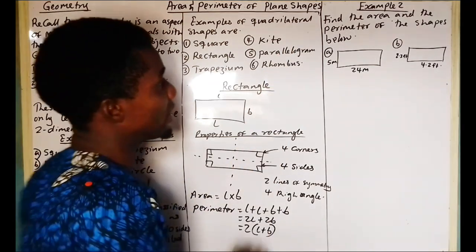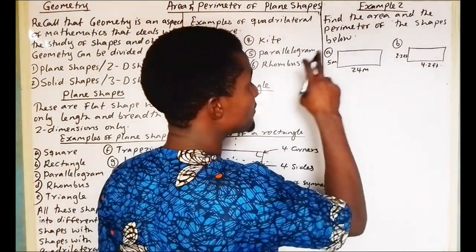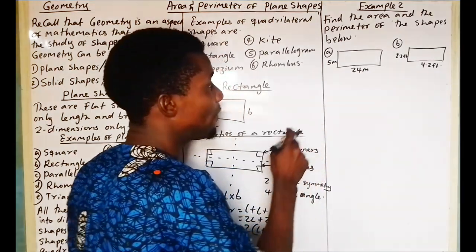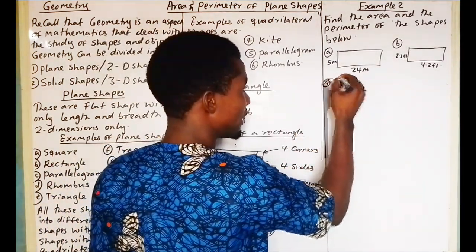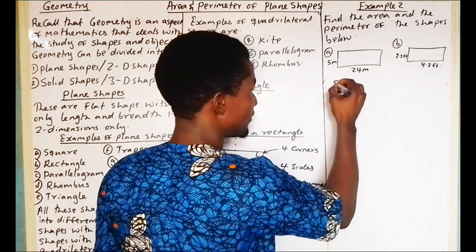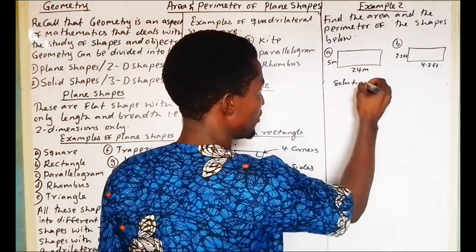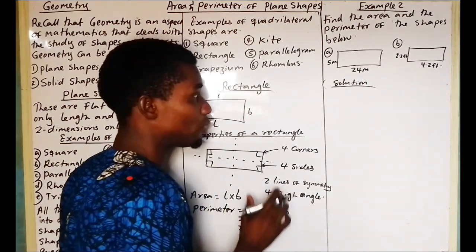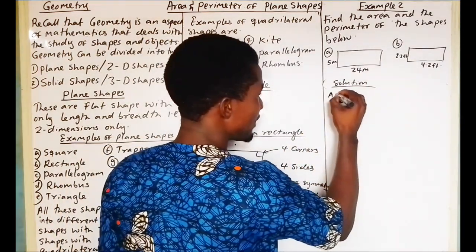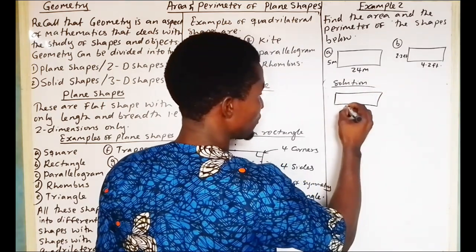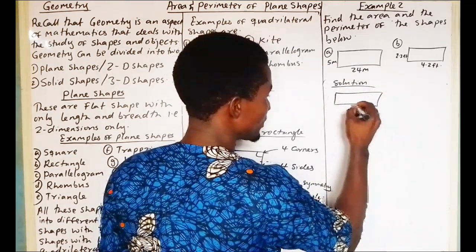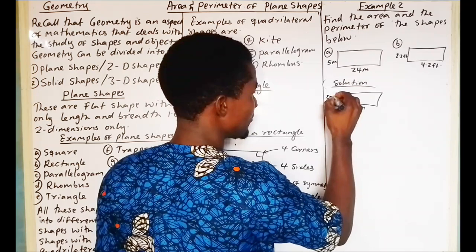Now, let's take this example. The question says find the area and perimeter of the shape below, and we have a rectangle below. The first one says we should find the area and perimeter of this shape with whole numbers. That's for shape A. I'm giving this side to be 24 meters, and this side is 5 meters.